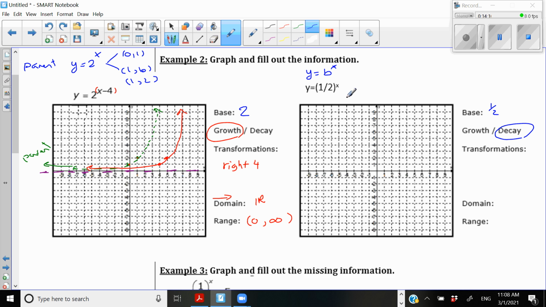Okay, now I can graph my function. There is no transformation here because this is the parent function. Now, to graph my function, I need points. The two main points are 0 and 1, and 1 and the base, which is 1 over 2. So I can graph it: 0 and 1, and 1 and the base, which is 1 and 1/2.